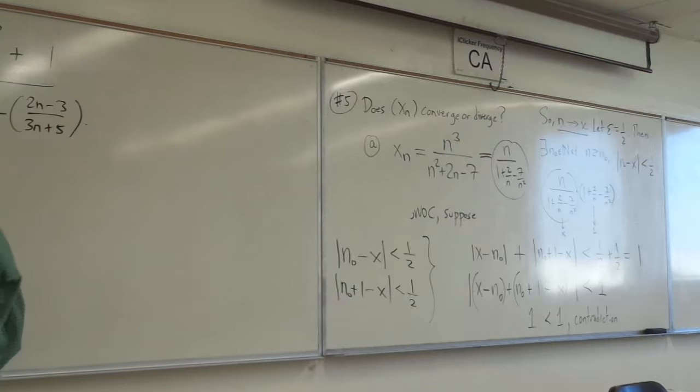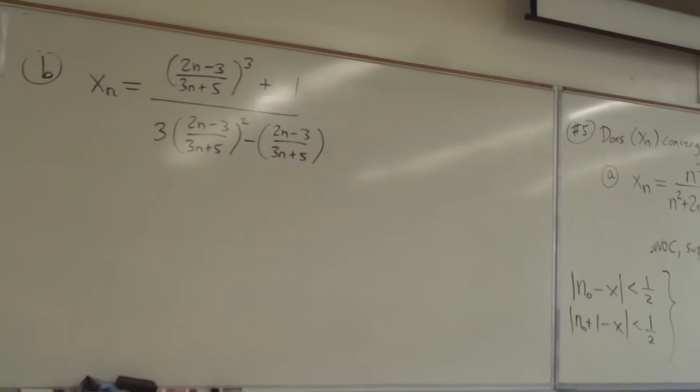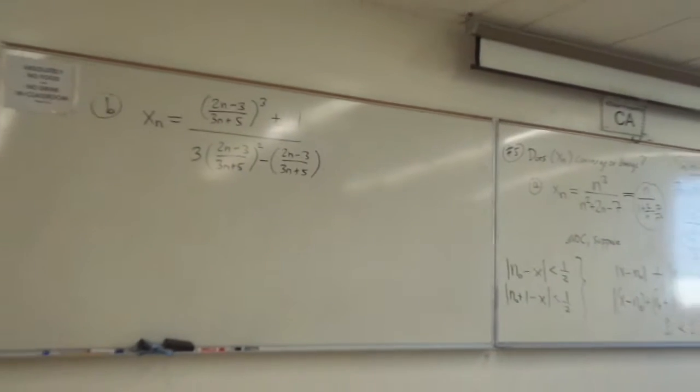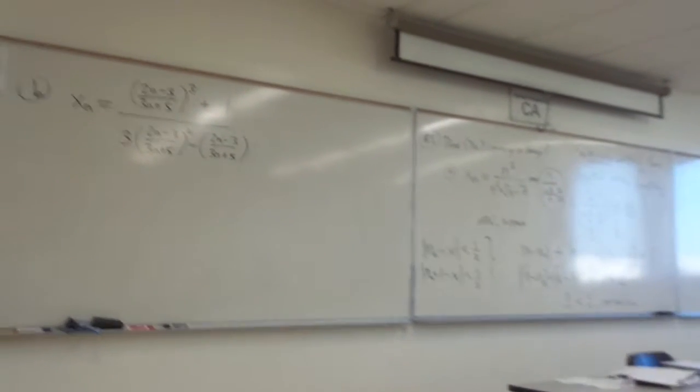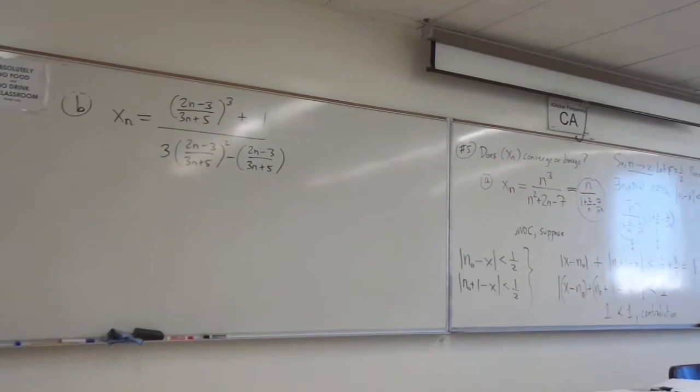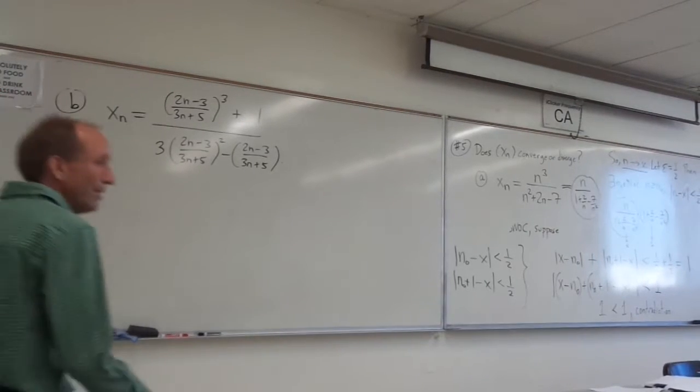And I think I need to move this camera back out a little bit. I kind of zoomed it in. Okay, so there's part B that we're going to solve right now.